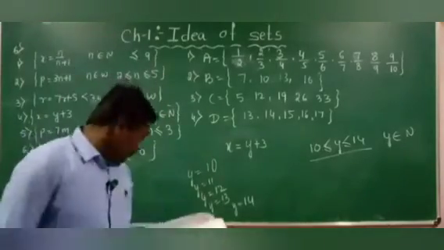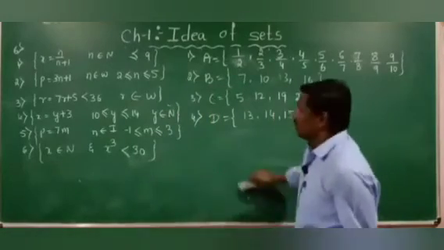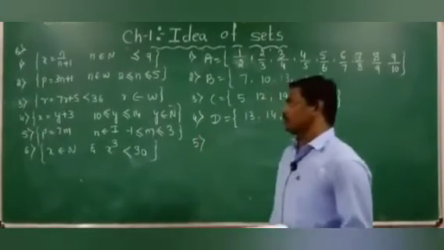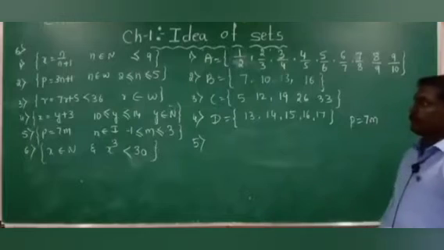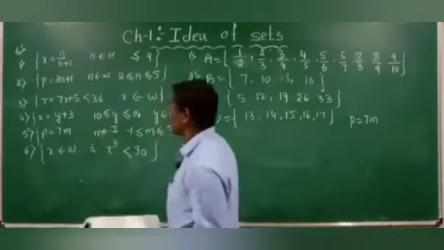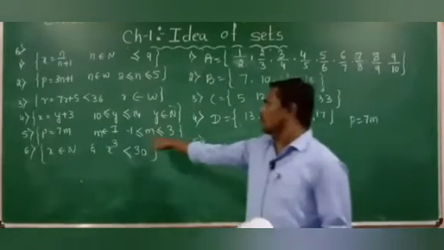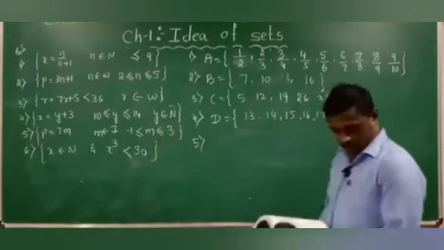Next, see the fifth question. Some conditions are given in the fifth statement also. P is equal to 7m, where m belongs to the integers, that m is more than or equal to -1 and less than or equal to 3.